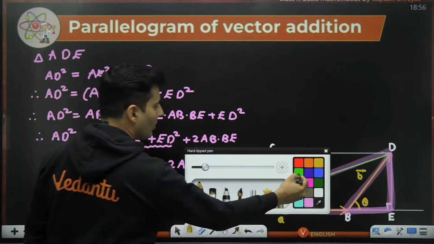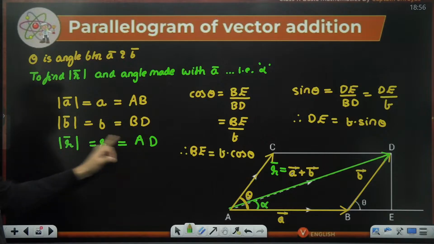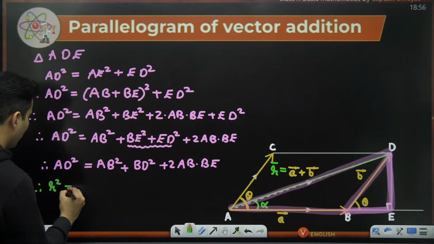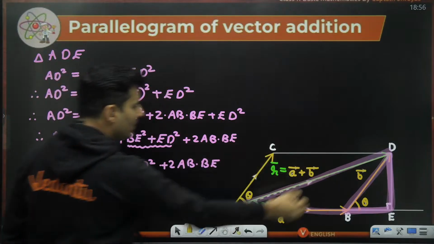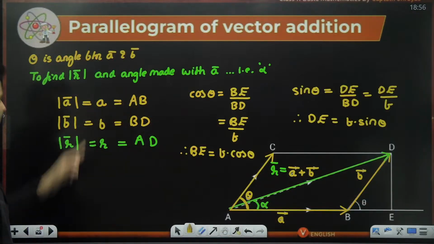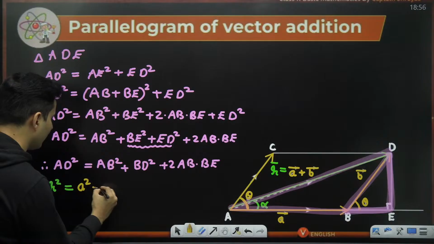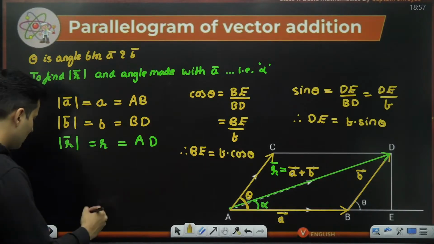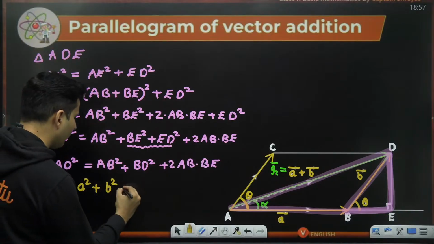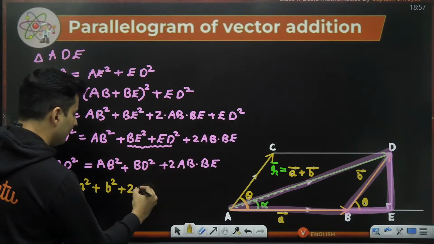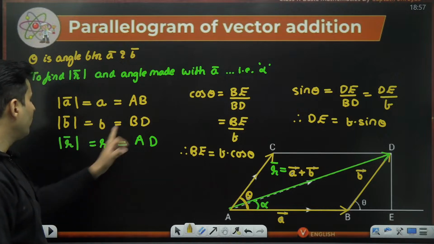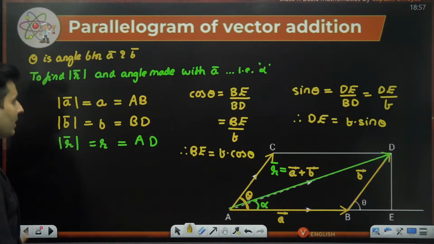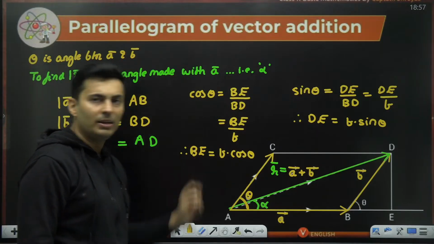So what is AD square? AD is nothing but R. So therefore, AD square will be R square, equal to, what is AB square? AB square is nothing but A square. So I'll just put A square over here, plus what is BD square? BD square is B square, plus 2 times of, what is AB? AB is nothing but A. What is BE? BE is nothing but B cos theta.